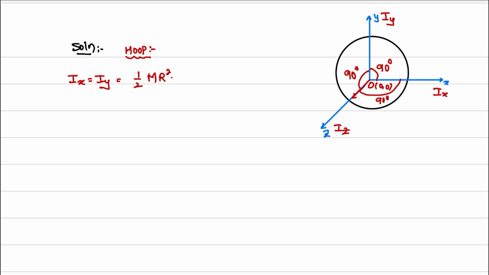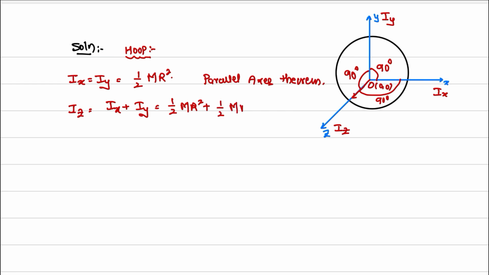Now, what is Iz, perpendicular to it? Apply the perpendicular axis theorem. For this please refer to my previous lectures on rotational motion. As per the theorem, Iz is equal to Ix plus Iy, that is equal to half m r squared plus half m r squared.